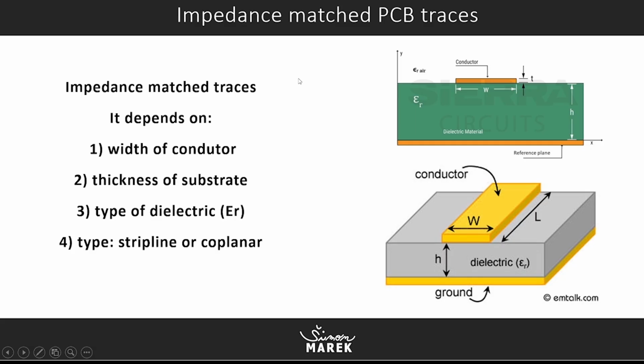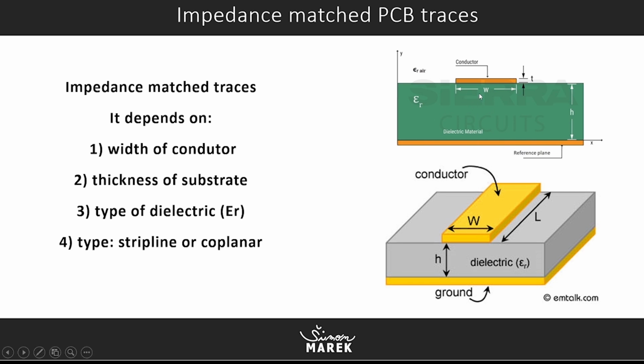How to do impedance matched PCB traces? It really depends on the width of the conductor, thickness of the substrate, and the type of the dielectric, the type of your substrate.